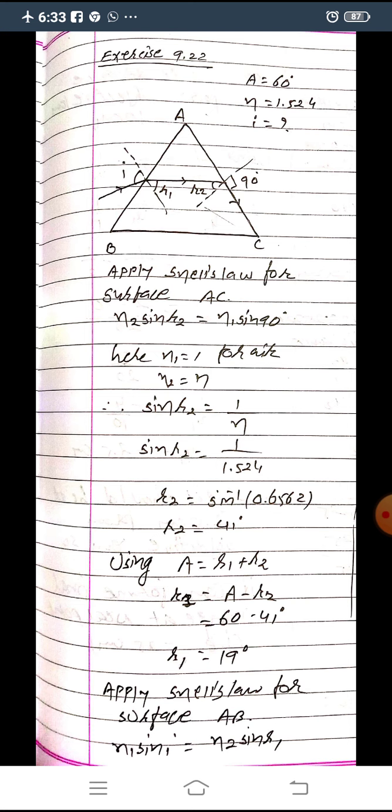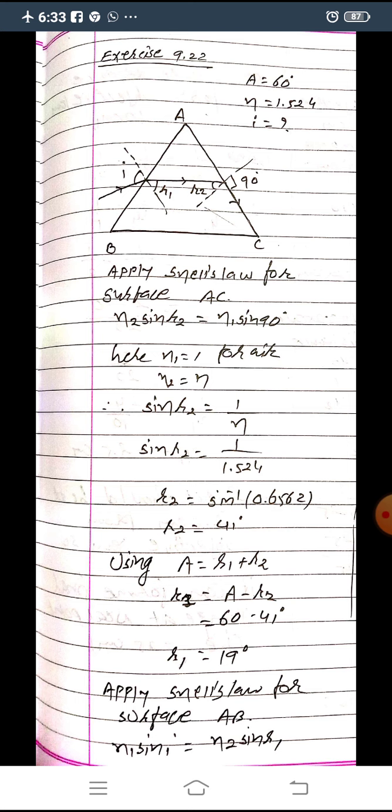Apply Snell's law for the surface AC. The angle of emergence is 90 degrees, and for air consider eta 1 as 1. Therefore, eta 2 sine R2 is equal to eta 1 sine 90, and the right hand side is 1.